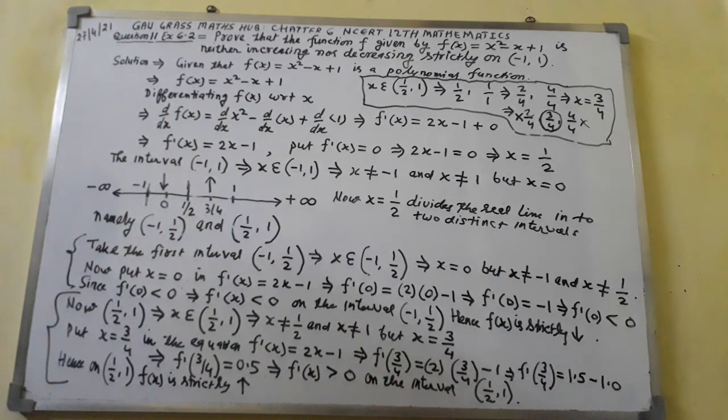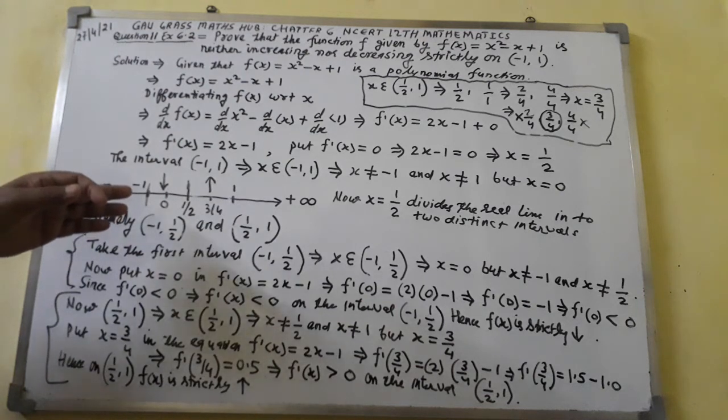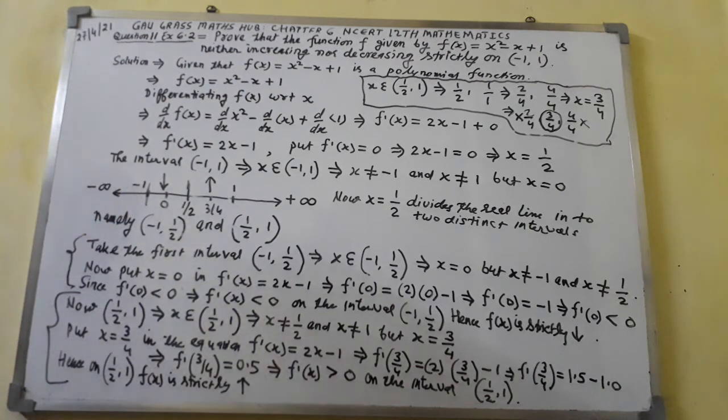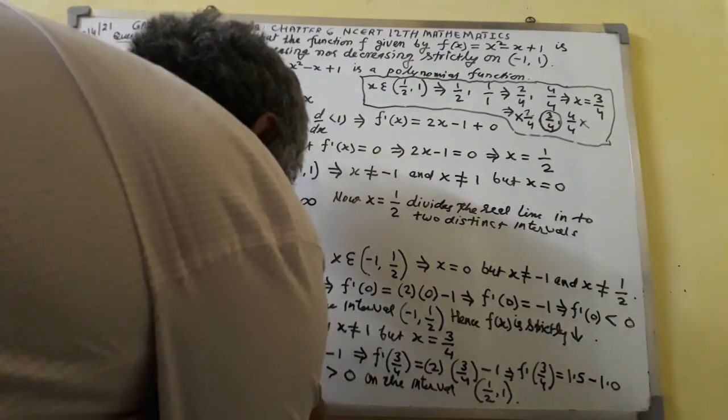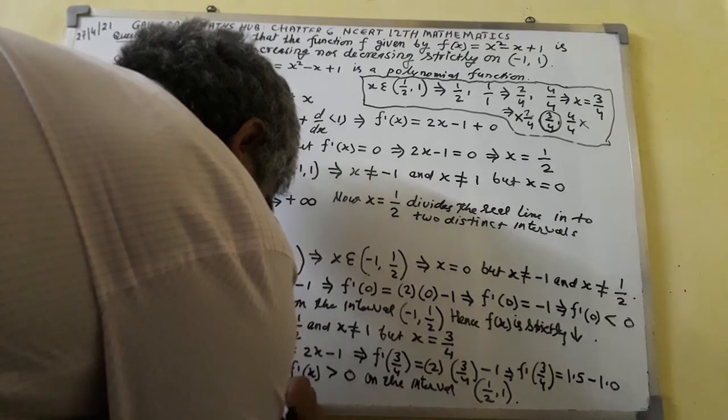That's why f dash x does not have the same sign on the real line. So here I can write, full stop.